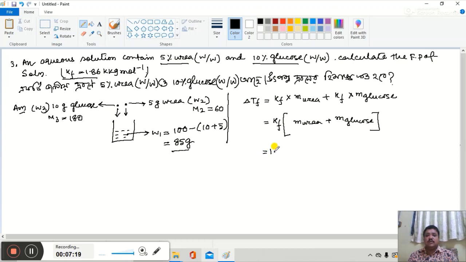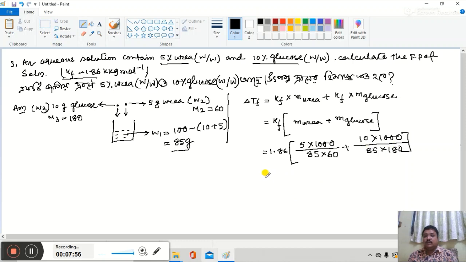Kf value is 1.86. Molality of urea means 5 gram urea, 5 into 1000 by 85 into 60, plus molality of glucose is 10 gram glucose, 10 into 1000 by 85 into 180.